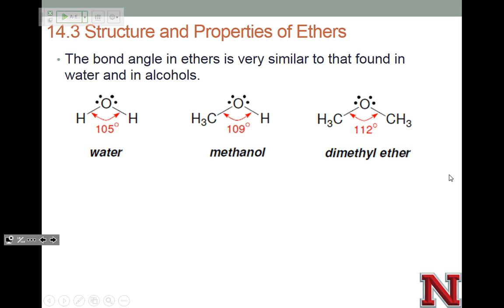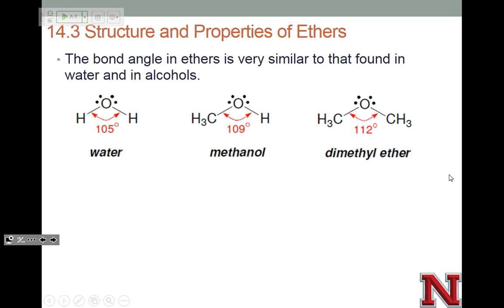So let's talk about the ether. Our typical oxygen with 2 hydrogens has about a 105 degree angle. Now when we look at our ether, we still have an oxygen, it's still sp3, just like both oxygens are with water and our methanol. But of course our angle is a little bit bigger because we have a CH3 and a hydrogen.